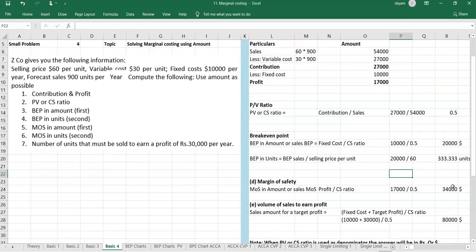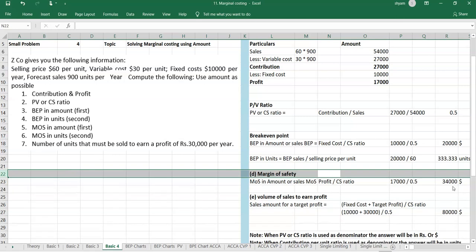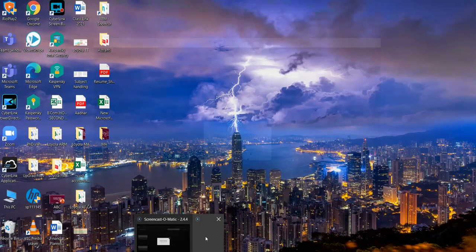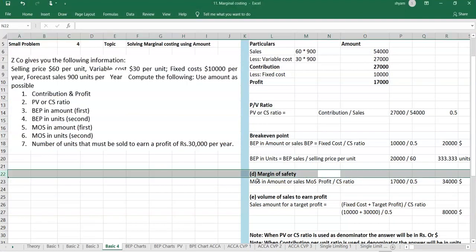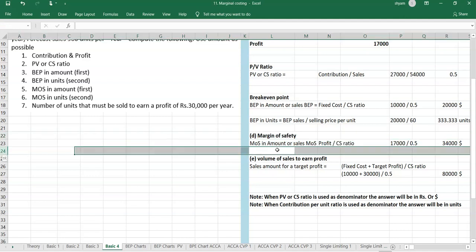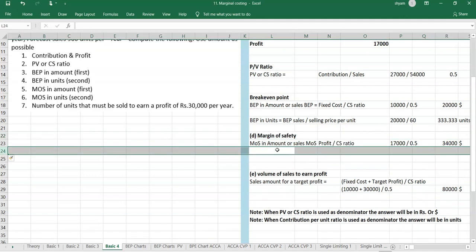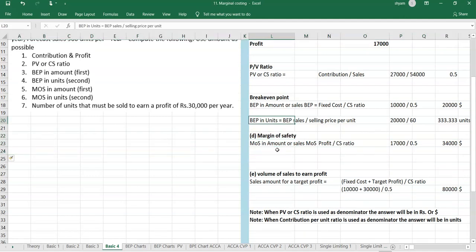So next one is MOS. We can find out MOS sales. MOS in units we can find out in this manner: MOS sales divided by selling price per unit.